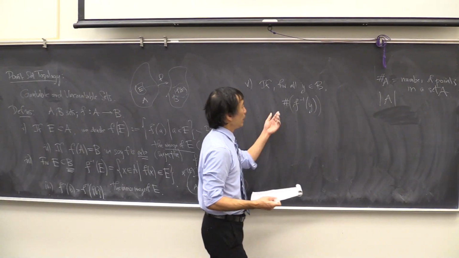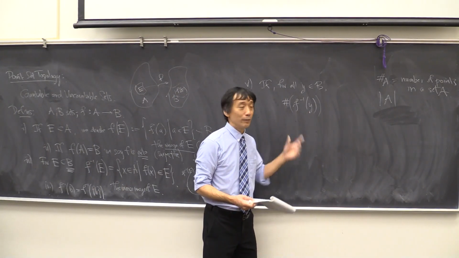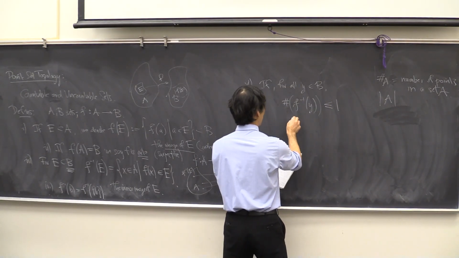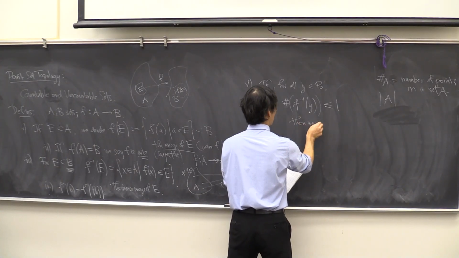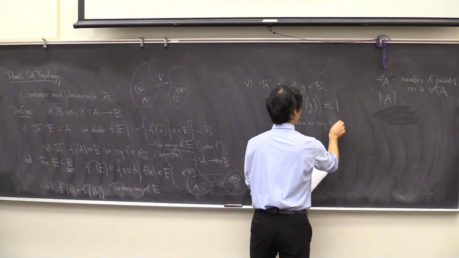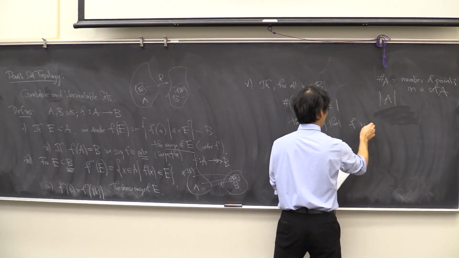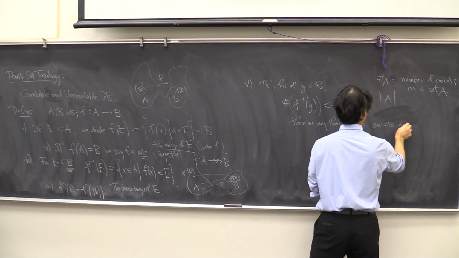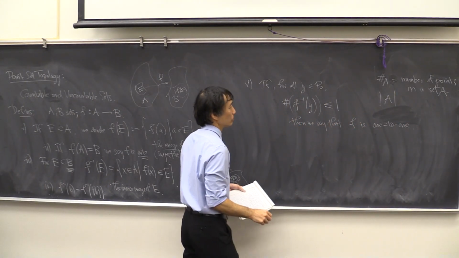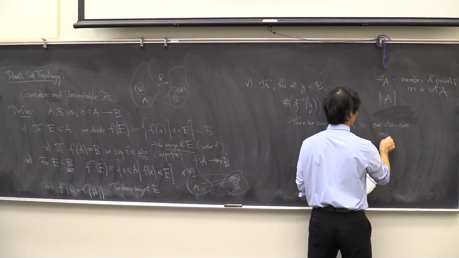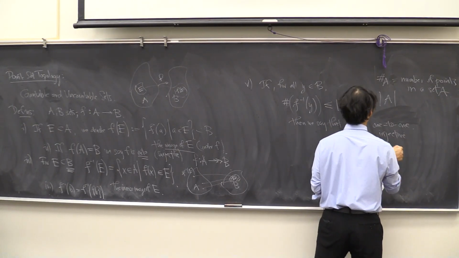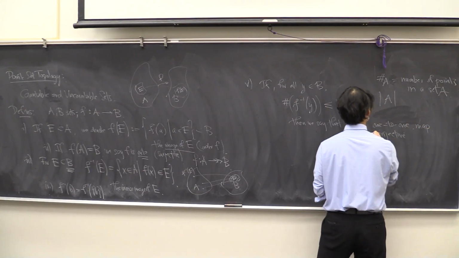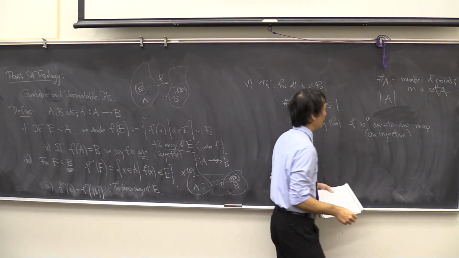So if the number of points in the inverse image is always less than or equal to 1, then we say that f is 1 to 1, or injective. A 1-to-1 map or an injective map.